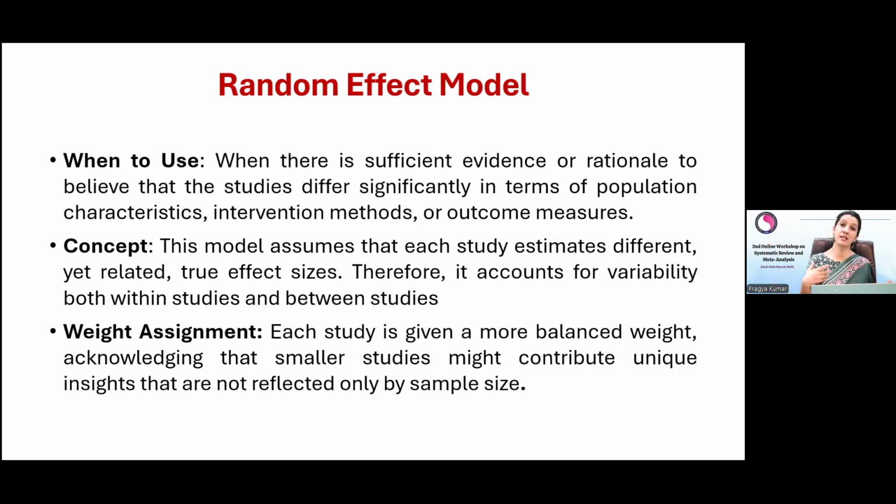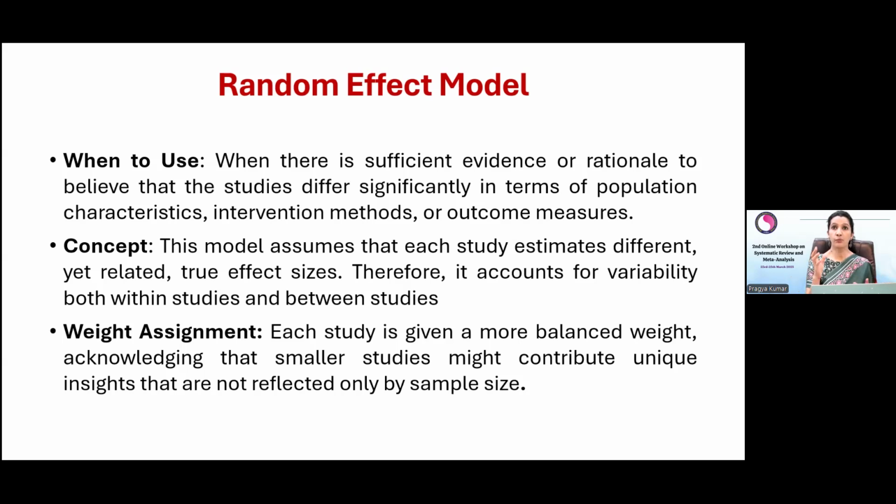The characteristics are heterogeneous. The dose of intervention is heterogeneous. Follow-up time is heterogeneous. Sample size is heterogeneous. So there is not a single source of heterogeneity. It is not only sample size; a lot of other factors are heterogeneous.